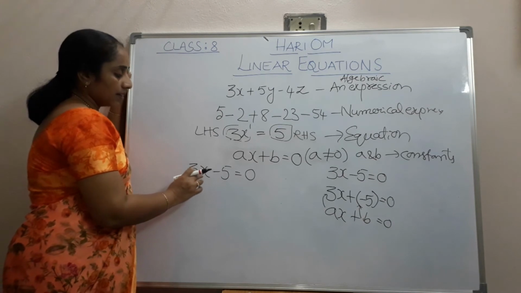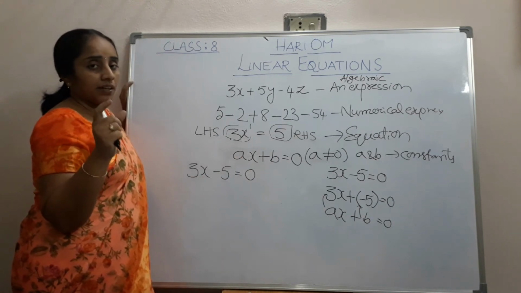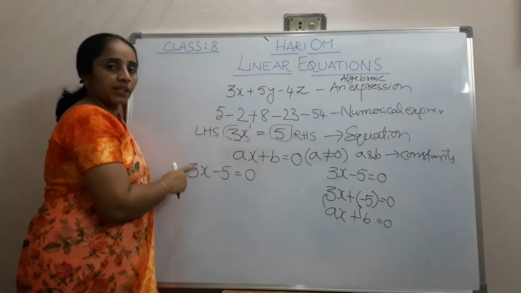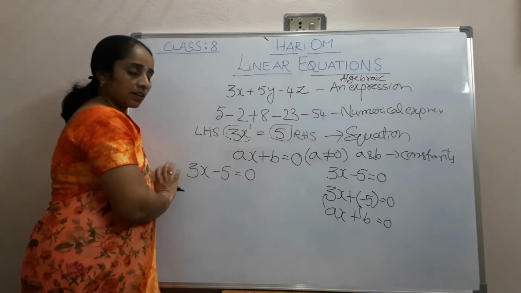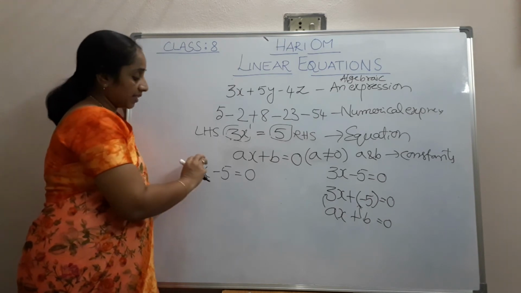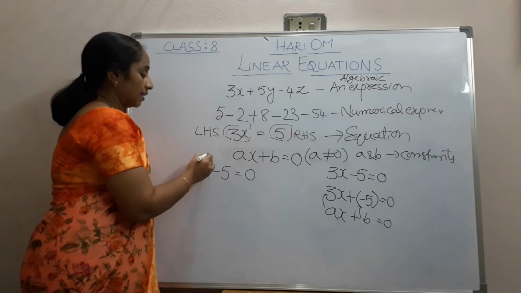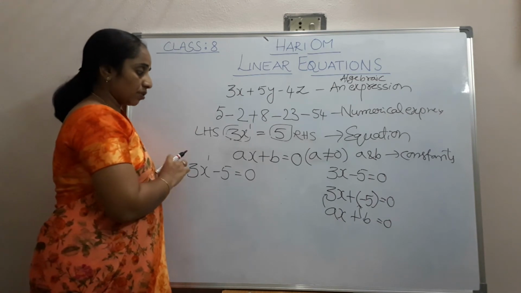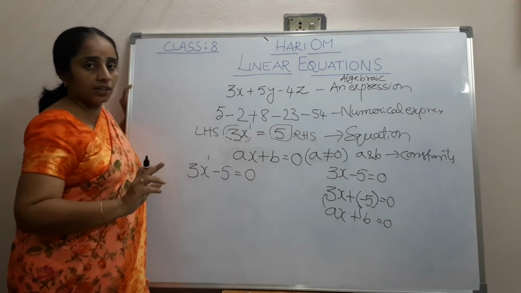The meaning here is that at some rational number or some value, this entire equation becomes LHS is equal to RHS. The meaning of this equation is that at any one value of x, because here we have degree 1, the number of solutions for this equation is 1 only.